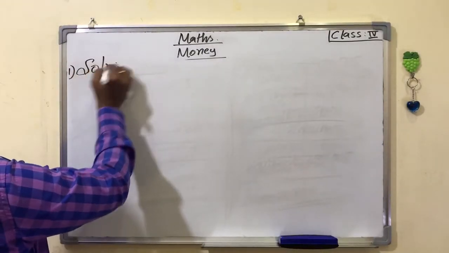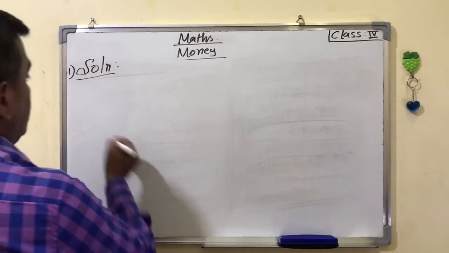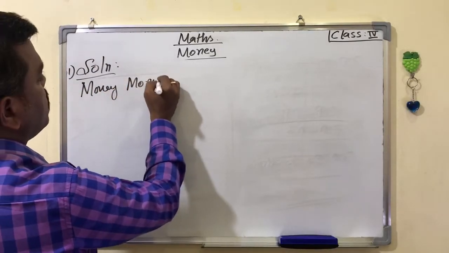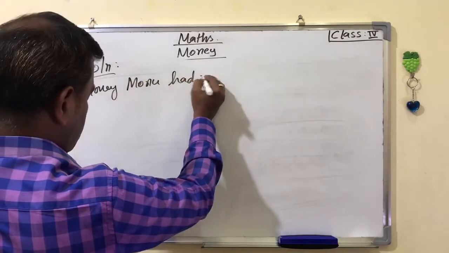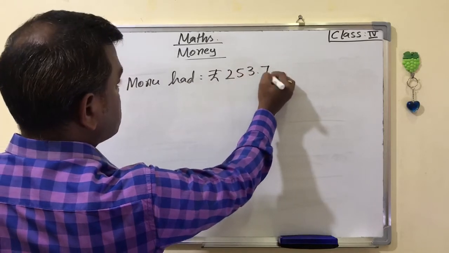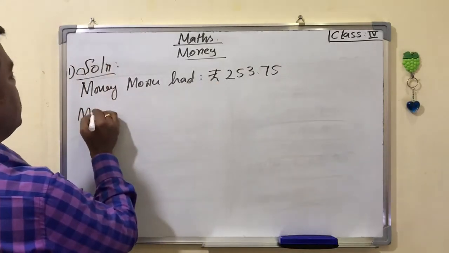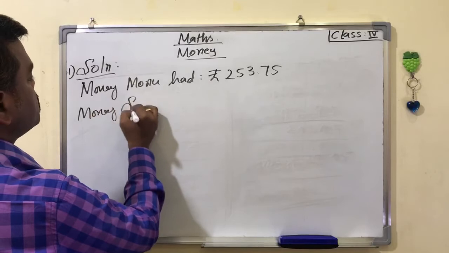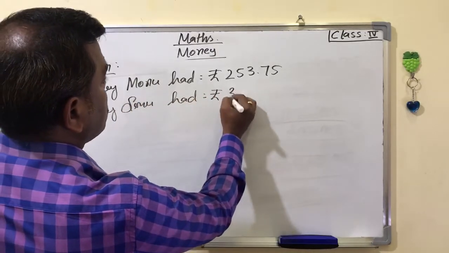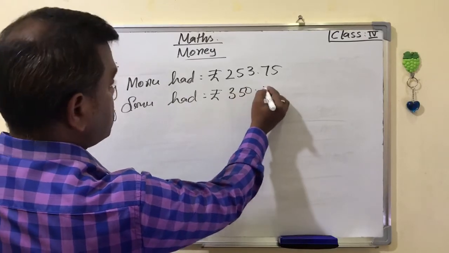Solution. Money Monu had. How much he had? Rupees 253.75. Next, money Sonu had: rupees 350.25.